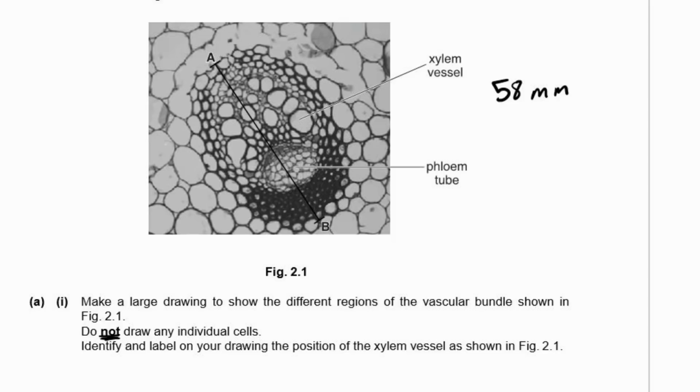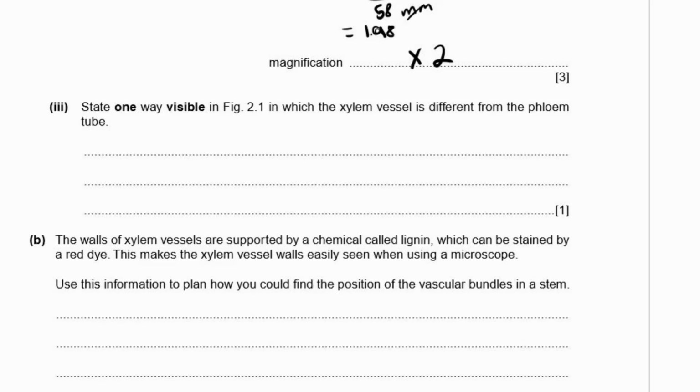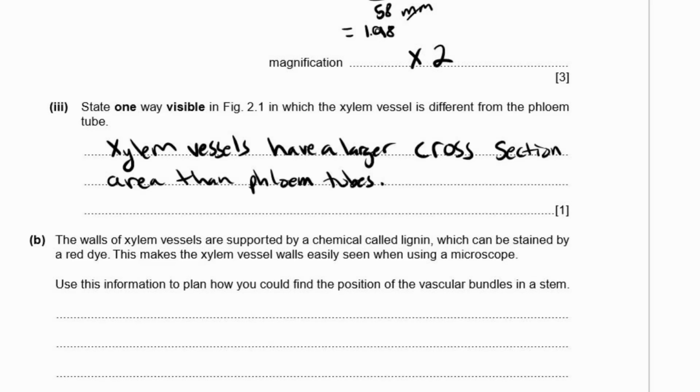You can also see that the xylem vessels are rounder than the phloem, although that's a little bit more ambiguous because it's a bit hard to see the phloem very well. Xylem vessels are definitely quite round. So you can do any of those 3, but you only do one. So you can say xylem vessels have a larger cross-section area than phloem tubes.